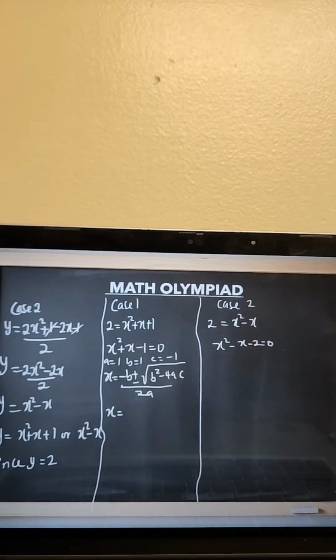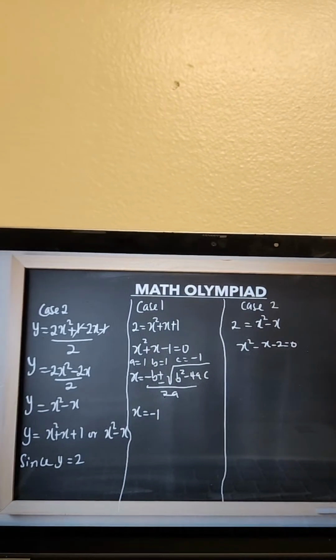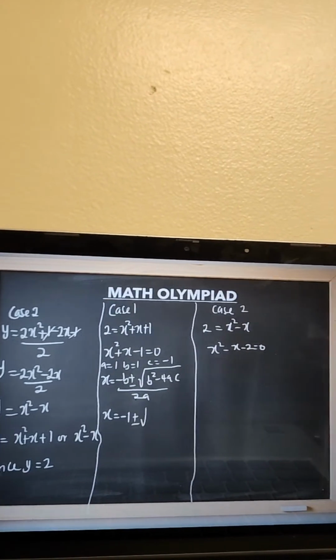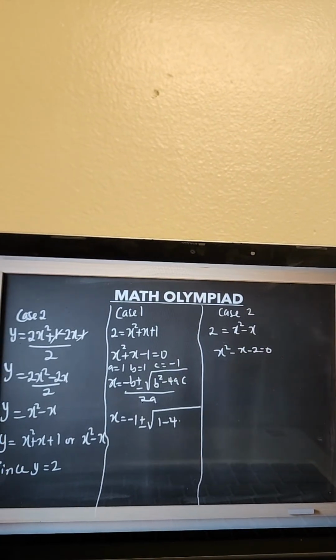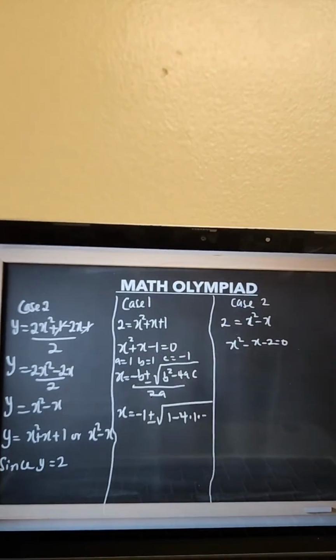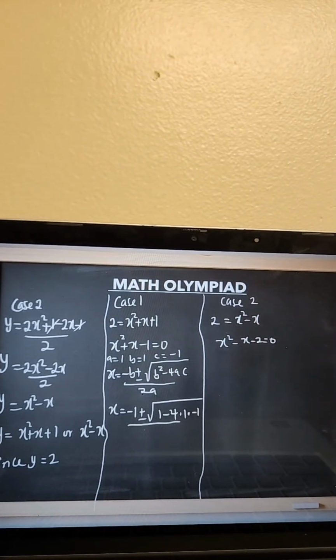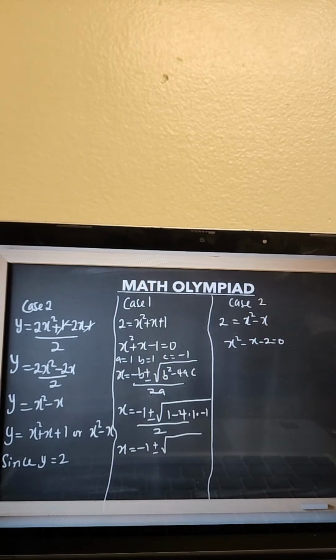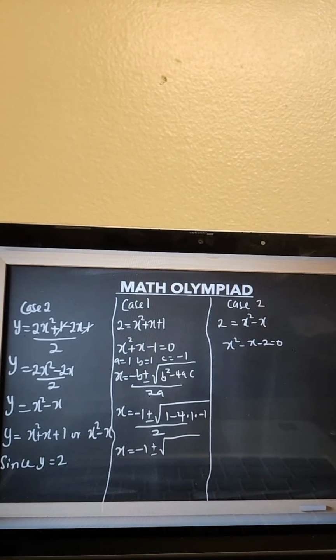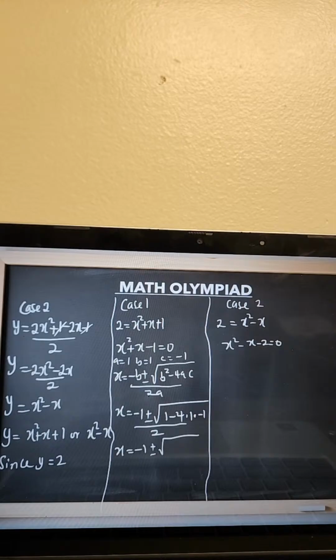So x is negative 1 plus or minus the square root of 1 minus 4 times 1 times negative 1, which is 1 plus 4, that is 5, over 2.